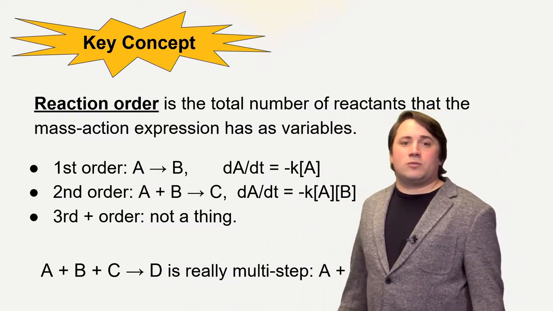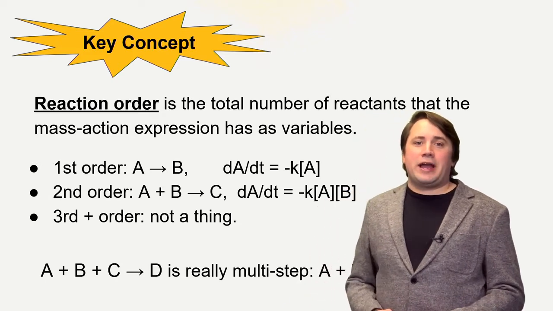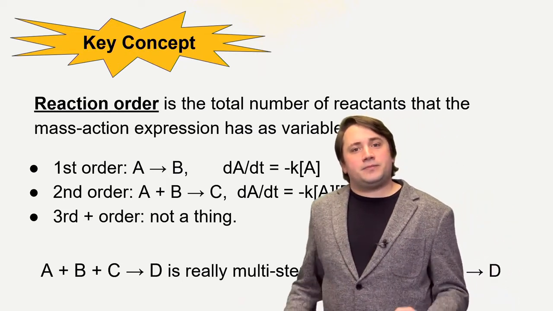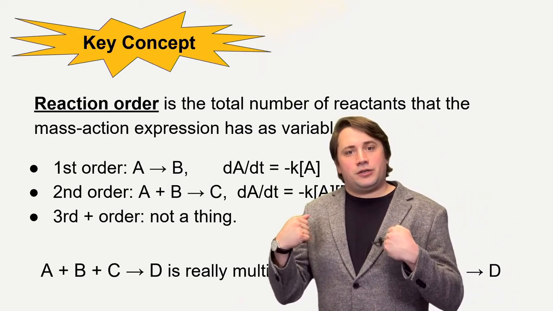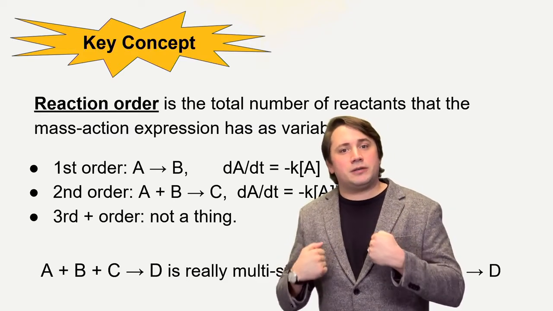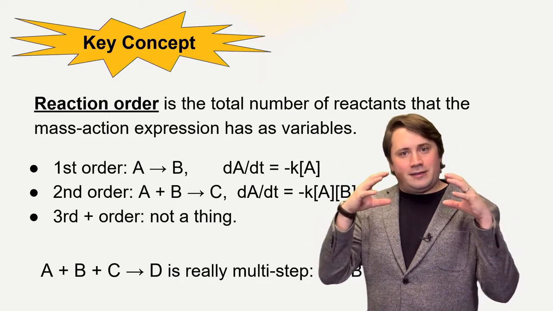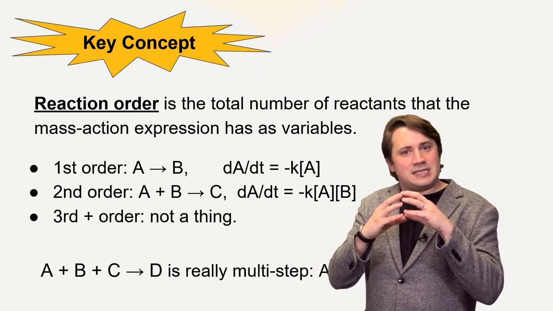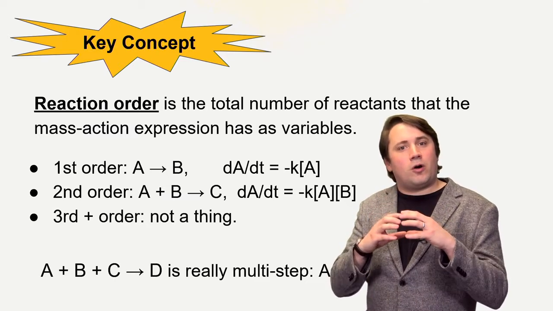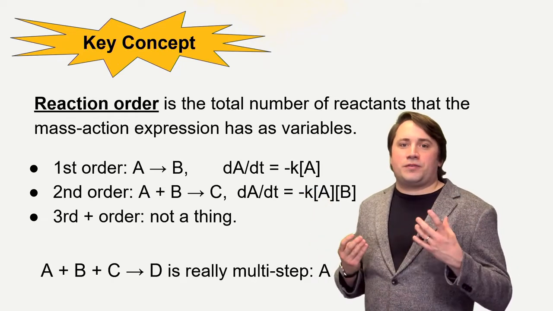And the reason for this, why you don't have third order or higher reactions, is because chemical reactions are based on collisions between molecules. And for a second order reaction, you can definitely have two molecules that collide and cause a reaction. But the chance that three molecules are all going to collide at the exact same instant in the exact same spot is just so vanishingly small that in practice, you never see reactions that are of the third order.